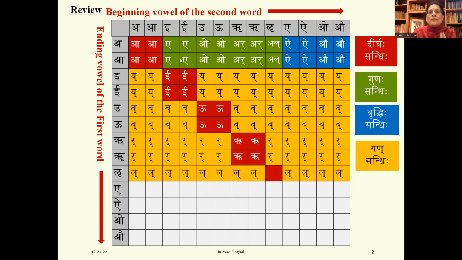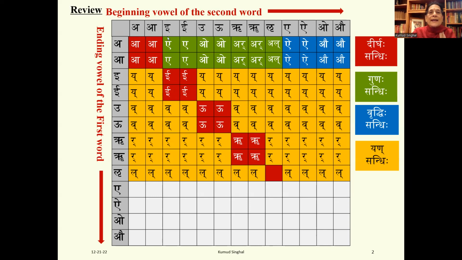U or ū, followed by u or ū, replaced by long ū. And ṛ, followed by ṛ and ṝ, replaced by long ṝ. There is no long ḷ, so this block is empty.